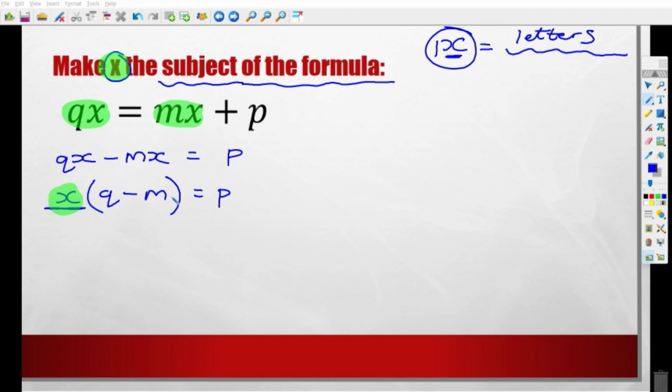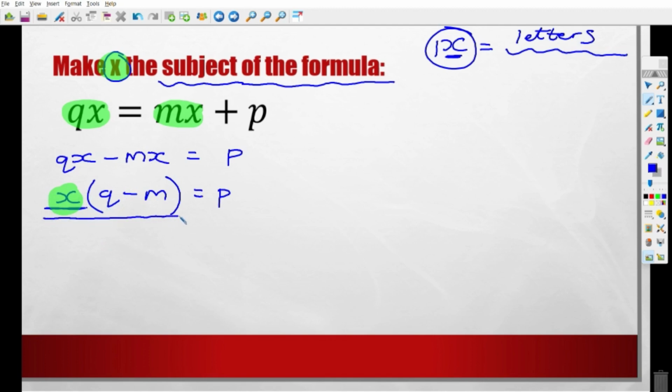So now let's look here. What's happening to x here? It's being multiplied by this massive bracket over here. So how am I going to get rid of this bracket? I don't want it there. I want x. I need to do the opposite of multiplication. What's the opposite of multiply?